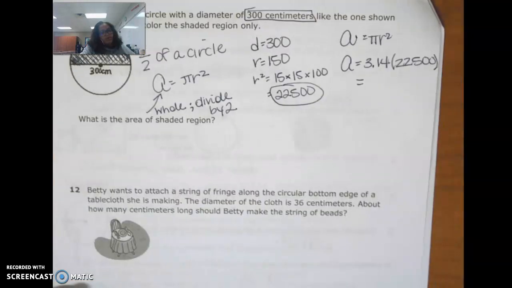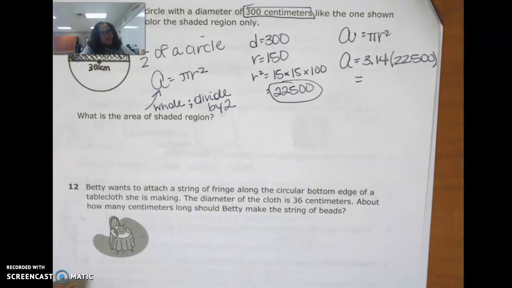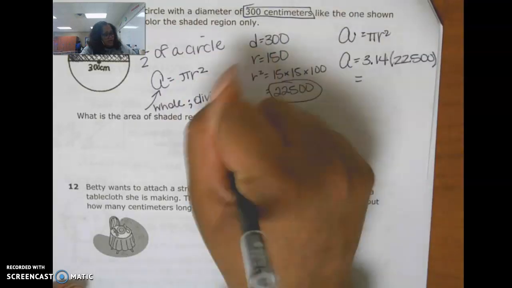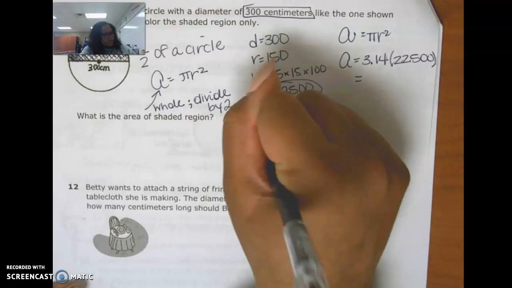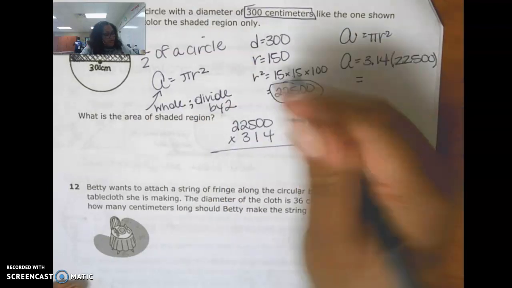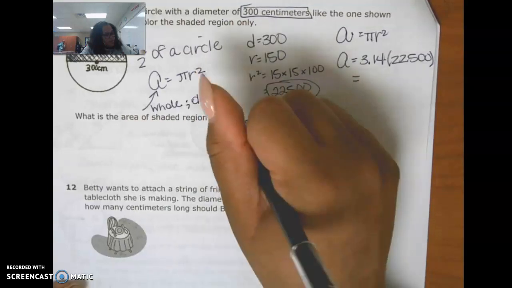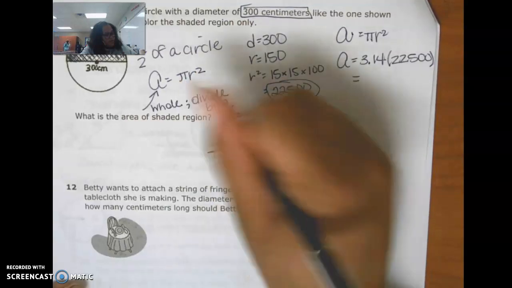Equals 3.14 times 22,500. So 22,500 times 3.14. 4 times 0, 0, 0, 2. That's 8, 9, 10.